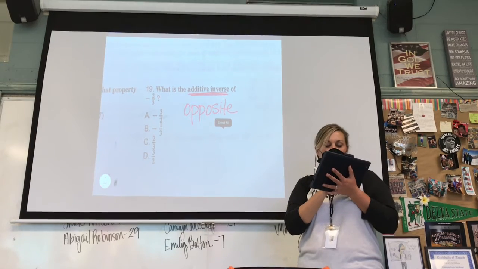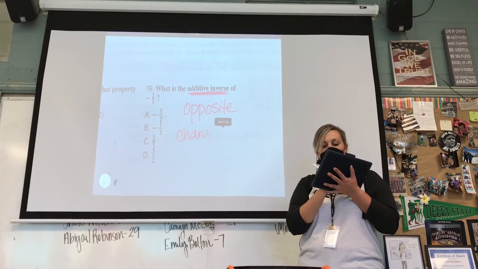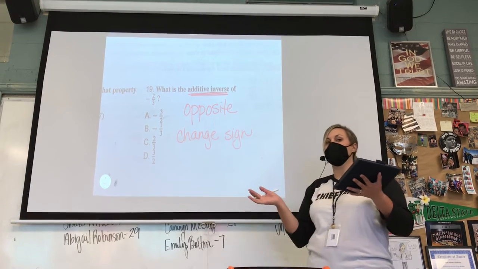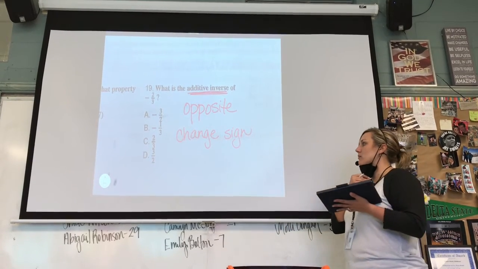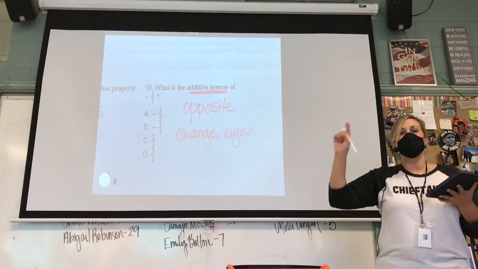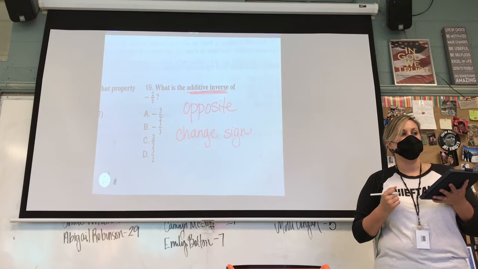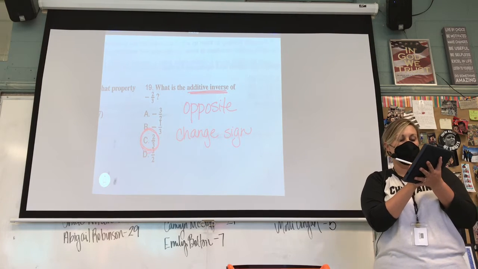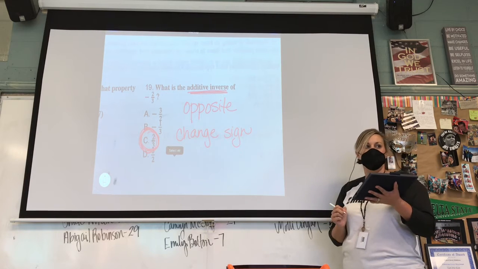So opposite and additive inverse means change the sign, and that's it. You don't change anything about the number, you just change the sign. So if we change the sign of negative 2/3, what will it be? Positive 2/3. So Abel was correct. Good. Anybody else question on 19?